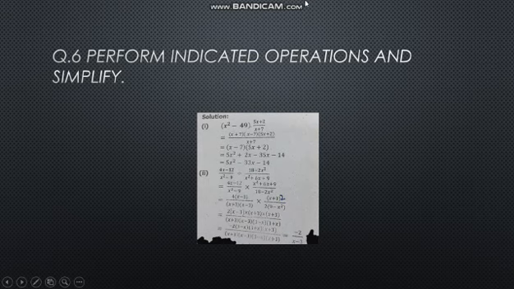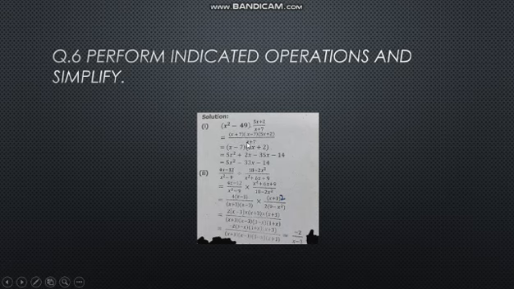Question number 6 is also perform indicated operation and simplify. So see an example: (x square minus 49) into, this dot shows the multiplication, (5x plus 2) divided by (x plus 1). X square minus 49 is factorized as (x plus 7) and (x minus 7) into (5x plus 2) divided by (x plus 7).